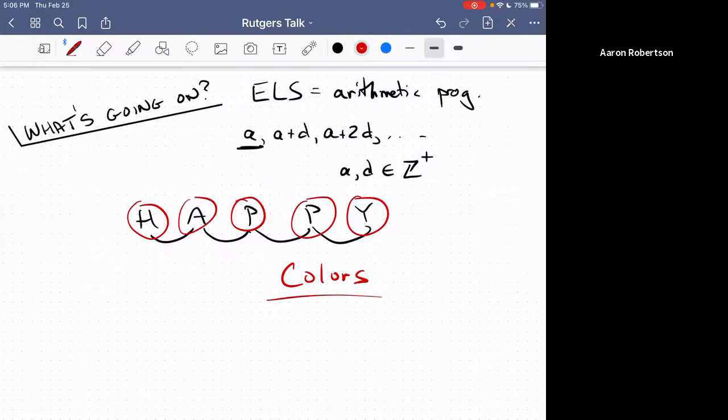So essentially what you can view this as for a starting point is take all of the characters in the Bible, get rid of any commas, spaces, any kind of punctuation, and each space is some color. And we're looking for some kind of color sequence in arithmetic progression.